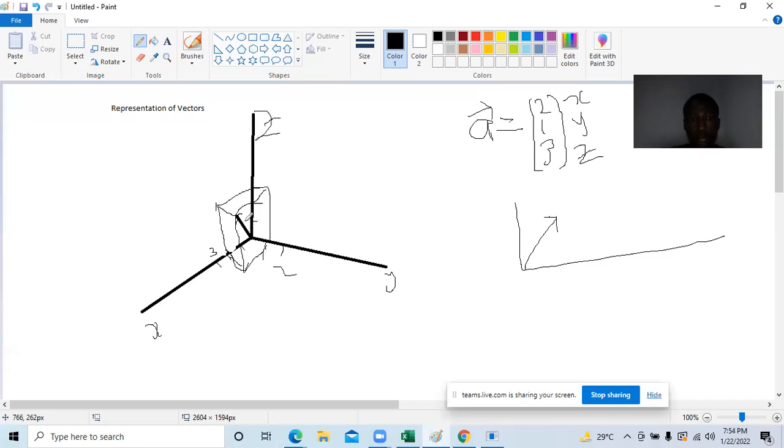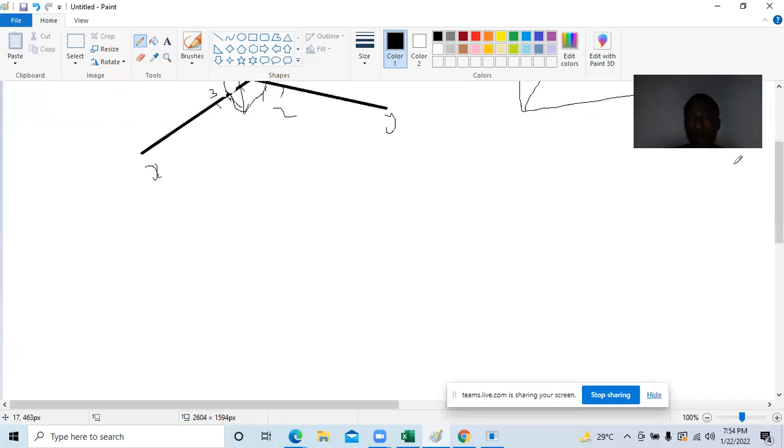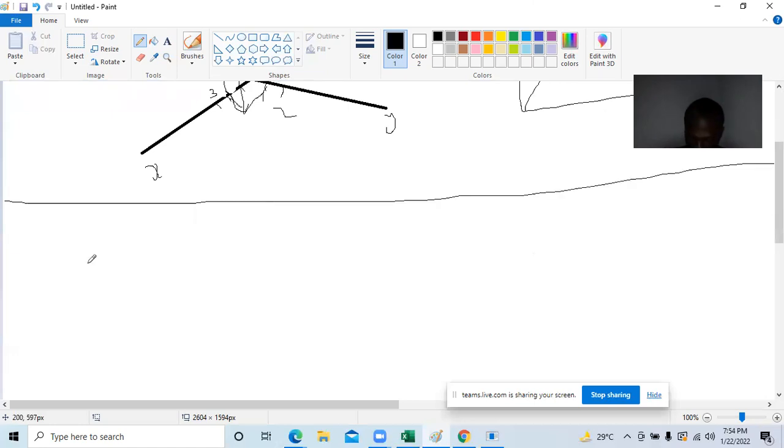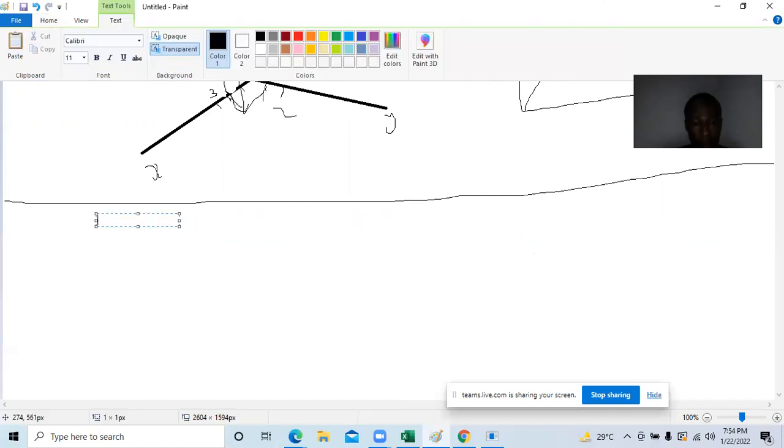So if there's no question on that, the next thing we'll be looking at is vector addition, which is as simple as possible. This is the easiest vector operation you would ever carry out in your life.